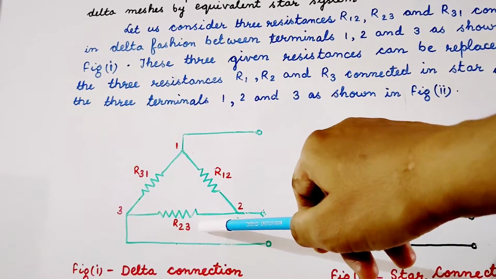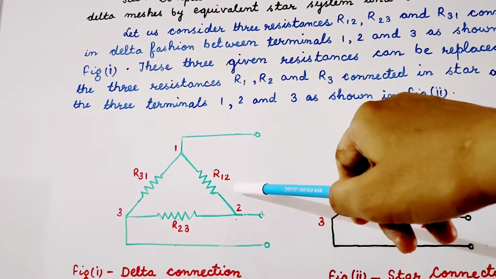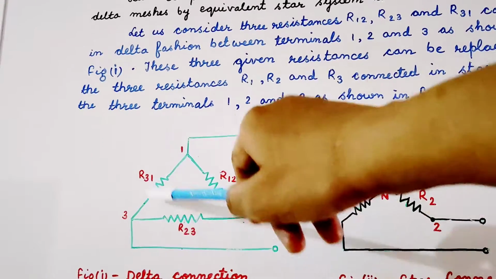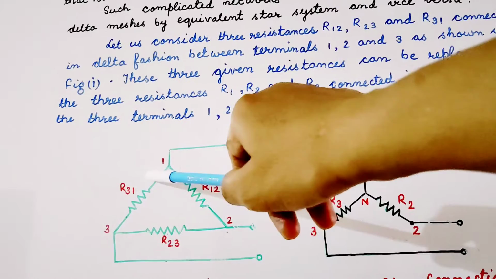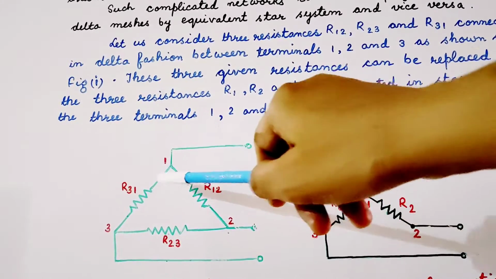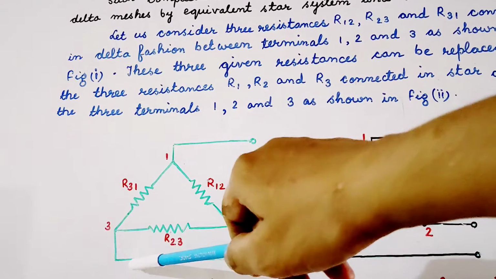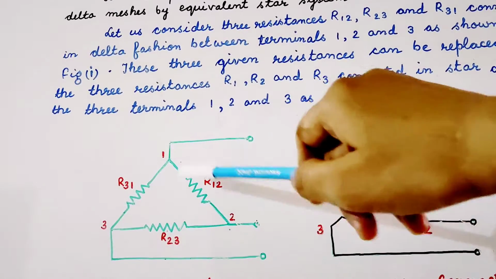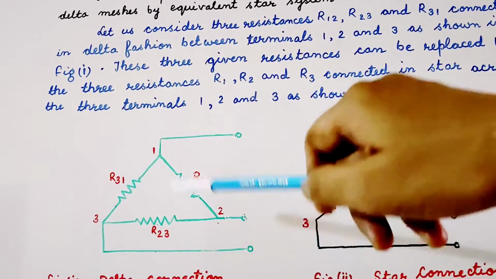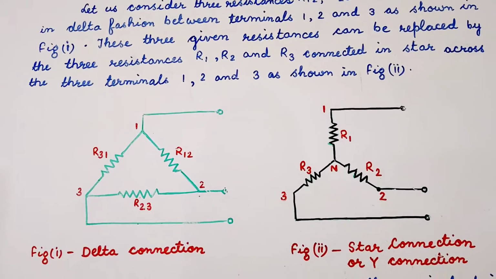Similarly, one end of R23 is connected to R12 and the other end of R23 is connected to R31. Similarly, one end of R31 is connected to R12 and the other end of R31 is connected to R23. If three resistances are connected in this fashion, then this is called the delta connection of resistance.